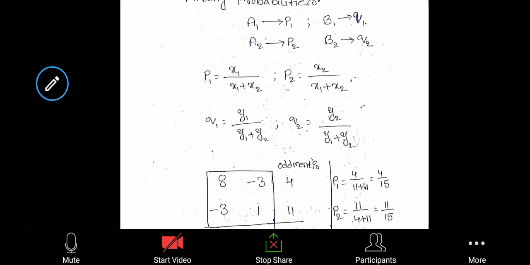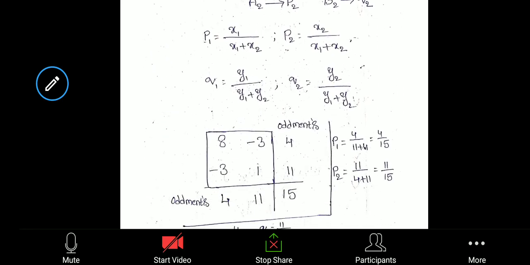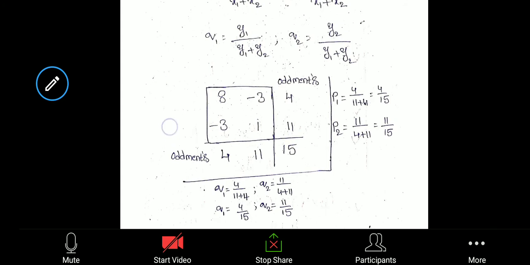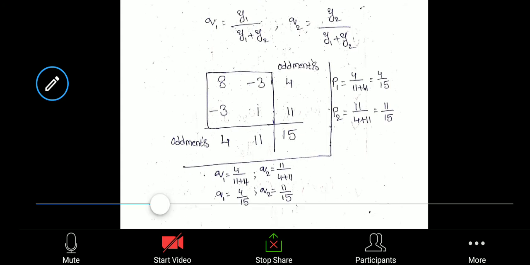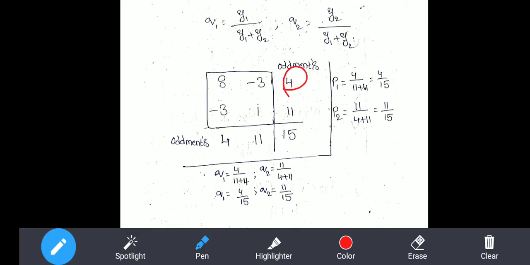Explanation of those equations will also be shown to you. So I will be calculating these probabilities here. Just observe clearly. P1 equals 4 divided by the sum of these two, that is 15, so 4 by 15. For probability P2, it is 11 divided by 15.